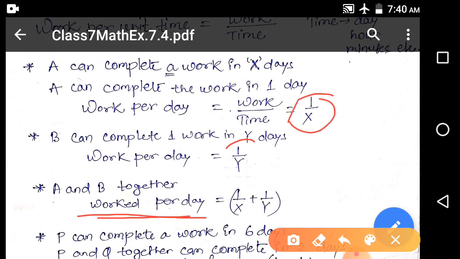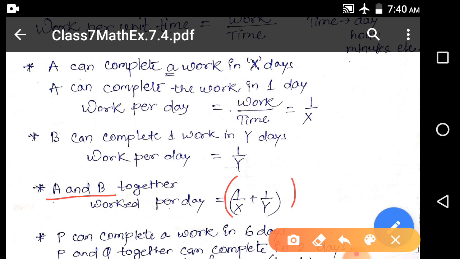This part is done by A in 1 day, and this part of work is done by B in 1 day. So when A and B work together, these parts are added: 1 by X plus 1 by Y is what both of them complete in unit time.